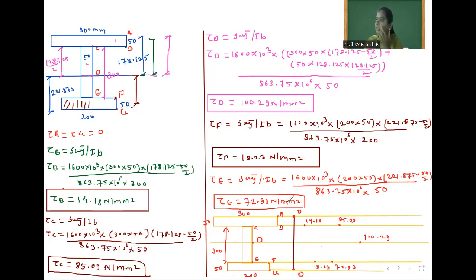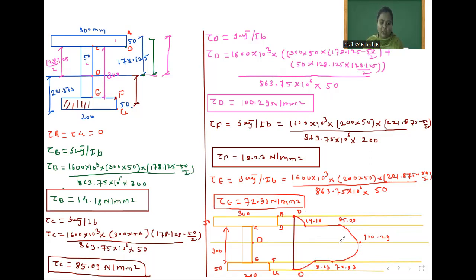18.23. After that, connection from A to B is parabolic. From B to C is a straight line. From C to D and D to E, parabolic. E to F, straight line. And F to G is parabolic.